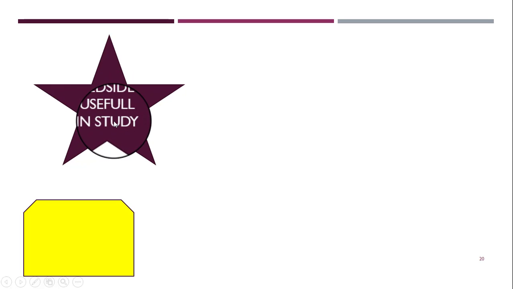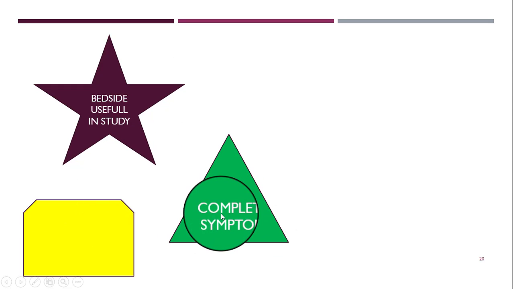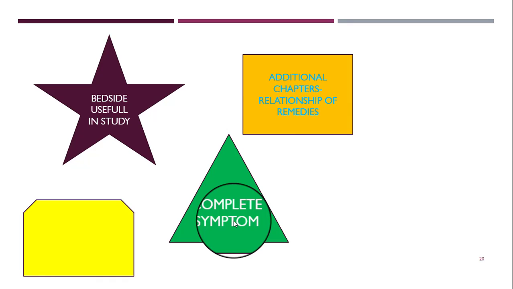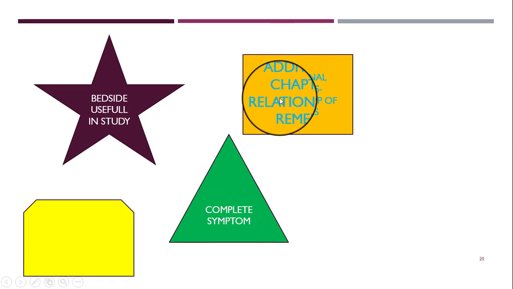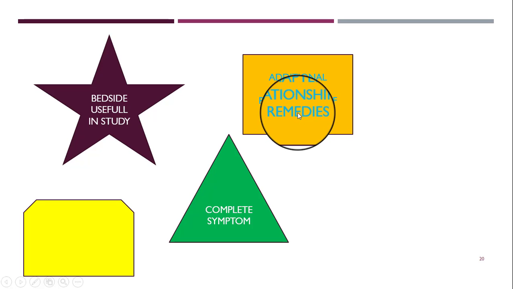Second, the repertory is based on the principle of complete symptoms and concomitants. This whole book can be divided into location, sensation, modalities and concomitants. Next, it contains an additional chapter, that is relationship of the remedies, to help find all the related remedies of the case.